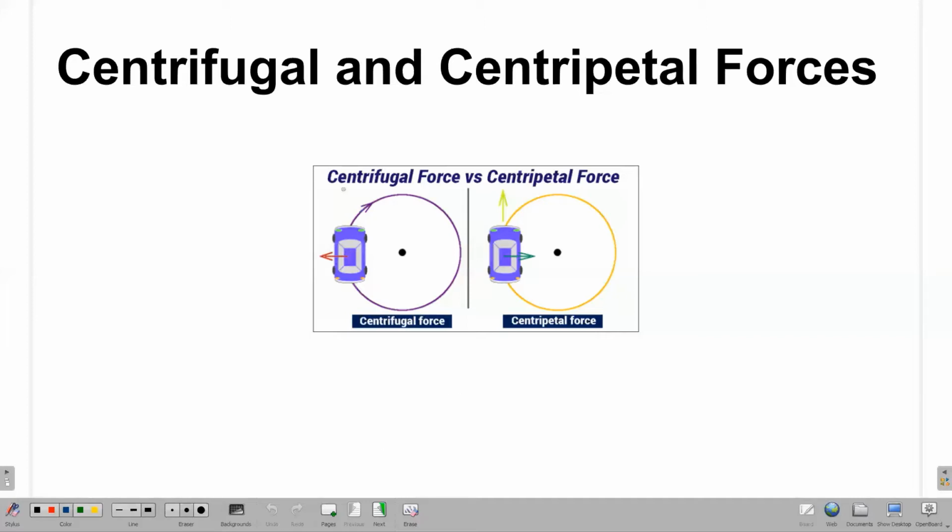Now, as we can see on this board, there's a vehicle that is trying to negotiate or follow a circular path with a constant speed.